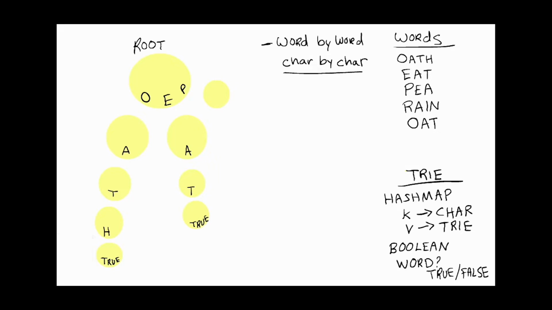Then we're going to say, does E exist here? No, it doesn't. So we're going to create a new trie and point to that trie. Then we will say, does A exist here in our current trie? No, it doesn't exist, so we are going to create that key, and that value is going to be a new trie.